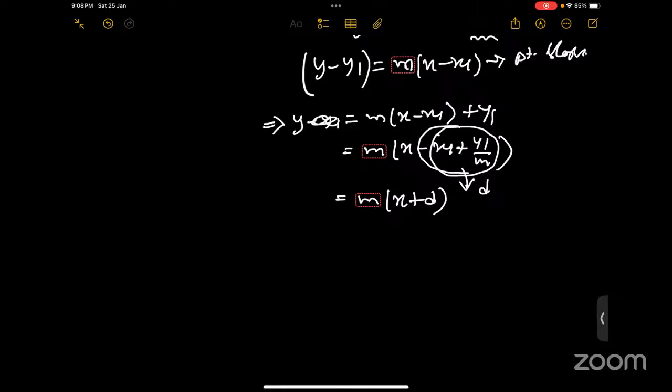Ma'am, what you have denoted as d, that will be minus x1 plus y1 upon m, right? The d that you have denoted, the whole thing I took as minus x1 plus y1 by m.